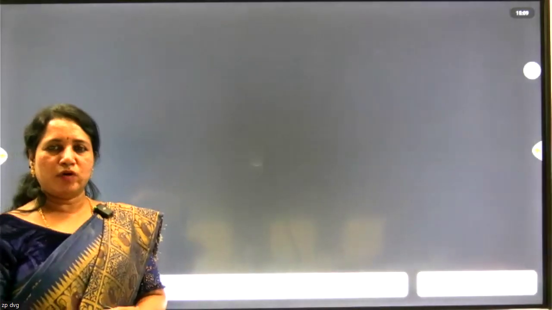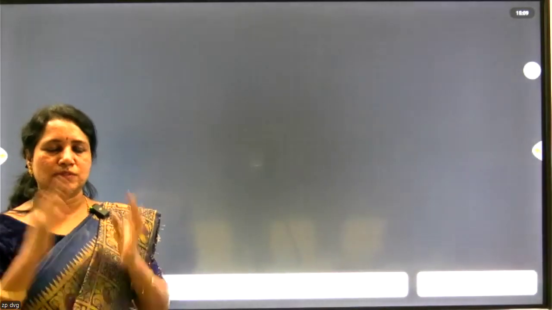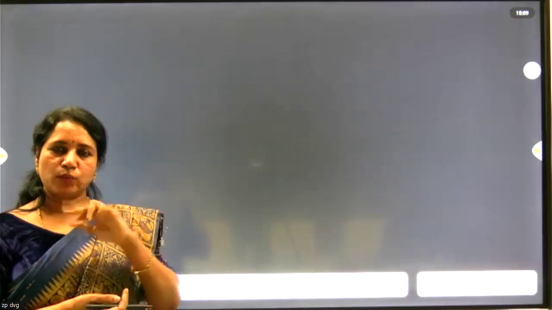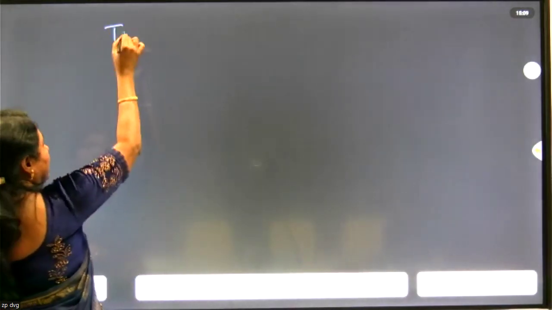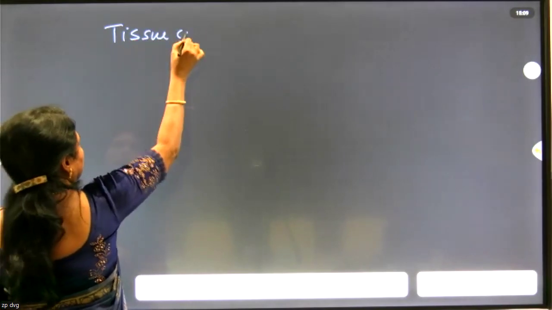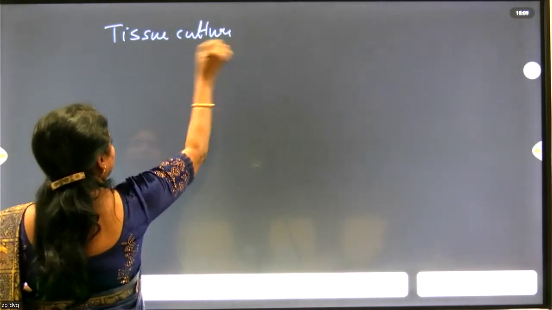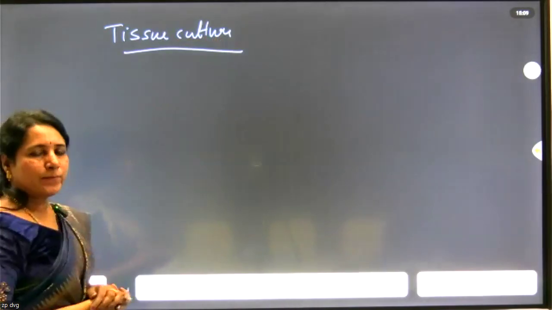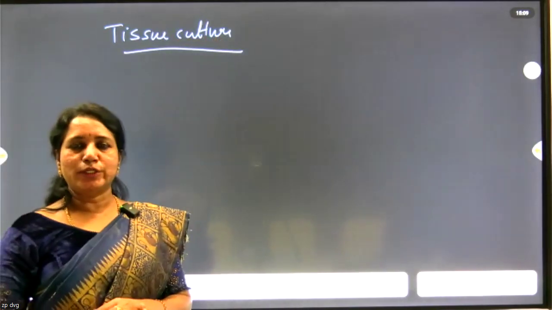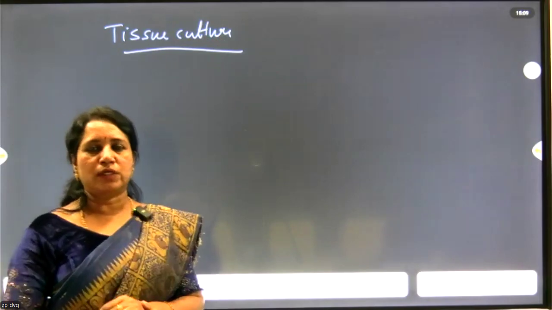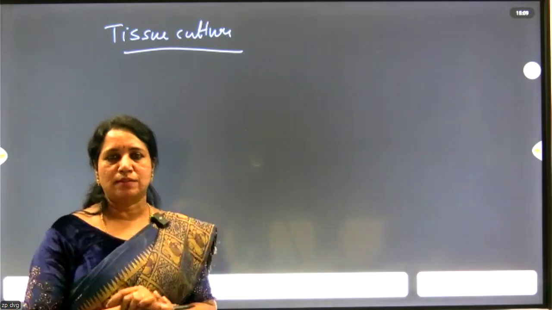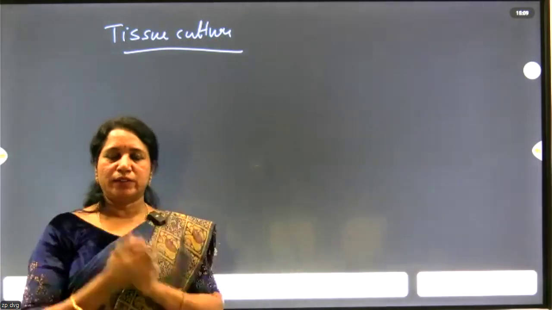Now, when genetically modified crops come to mind, there is one step back. We have all heard about tissue culture. In tissue culture, we take a cell or a tissue or any part of the plant as explants, and we grow it in a test tube.